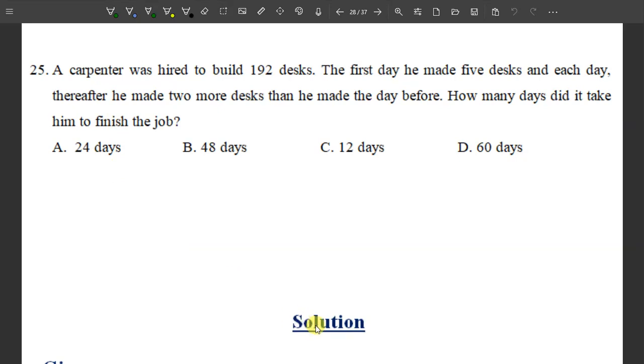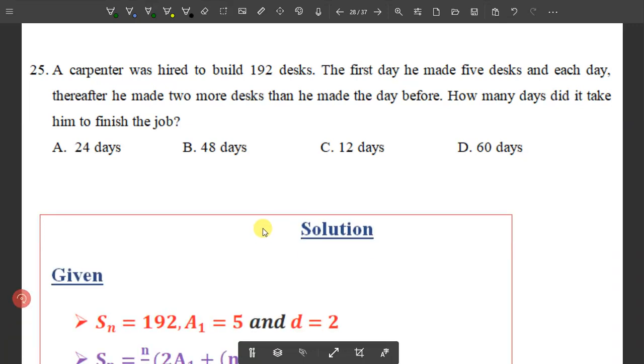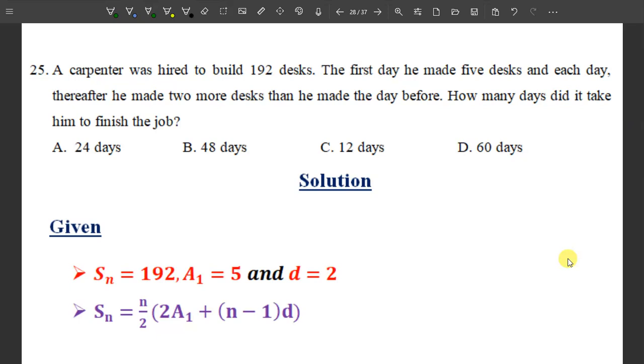I have already solved it here to save time, since we are dealing with many questions. Some of them are taken from previous entrance examinations, and some of them are simply designed here, and we need to just see the one I solved earlier. What the question says: a carpenter was hired to build a total of 192 desks.